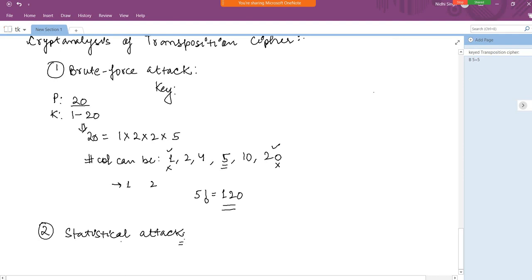So that's why it is very prone to the statistical attack, but digram and trigram frequency cannot be detected. It is used to sense only the single character frequency.